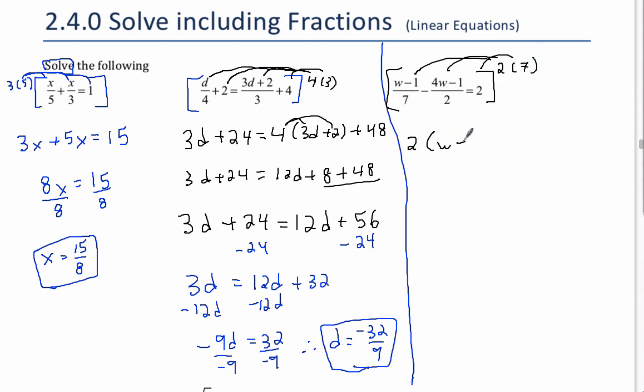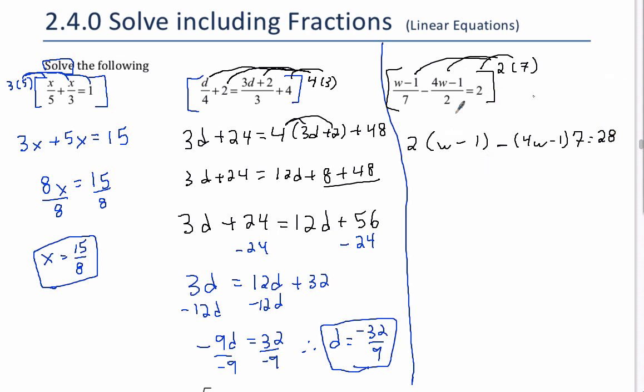Put the w minus 1 in brackets so that you don't forget to expand. Subtract 4w minus 1. Multiply by 2 and 7, the 2's cancel and you're left with the 7. Now we come to the equal sign, and here the 2 times 2 times 7, 14 times 2 is 28. No denominator to cancel here.